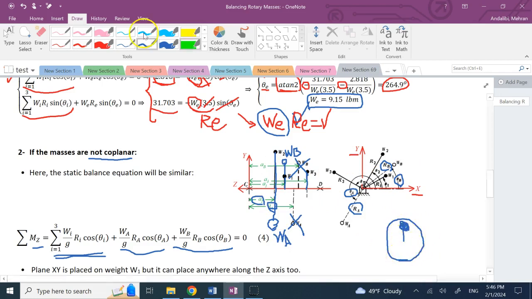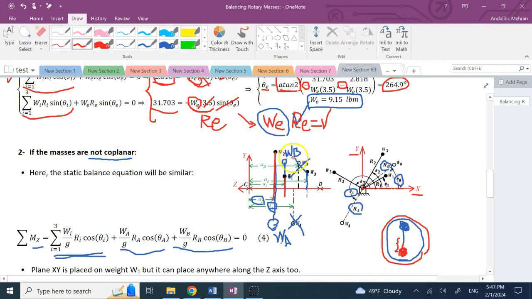So now, if you attach your balancing mass to this object here, you're going to put it somewhere on this disk. Then this distance here, this R, is basically based on where you attach it, magnetically or anyway, so that R is also taken care of. You cannot choose whatever you want. It has to be limited to the size of this disk or gear, that you have a W2 for WA and the one for W1 for WB.